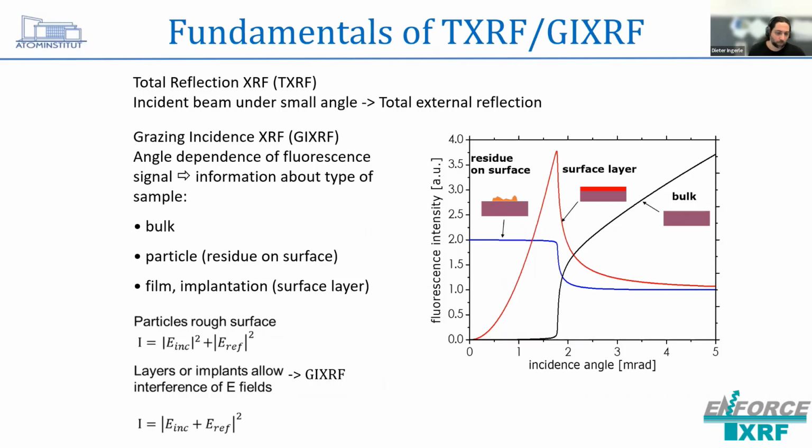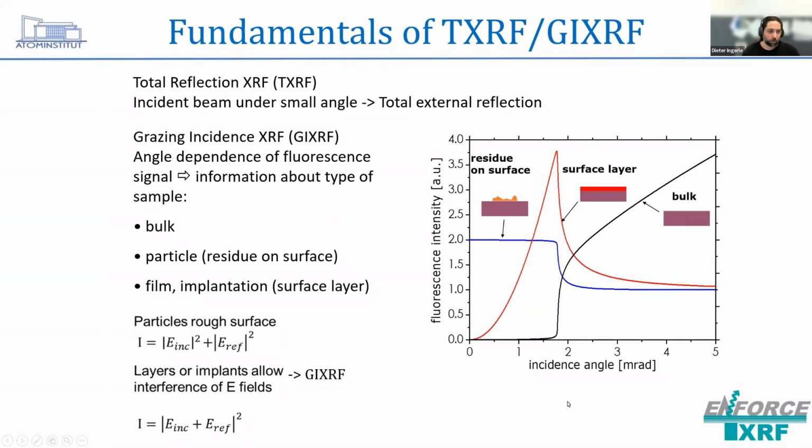So first, about the relation basically between TXRF and XRF. I will not go into too much detail about TXRF because, as we are in the journal club about TXRF, I assume most of you will be familiar with it. So basically it's using this total external reflection effect on smooth surfaces.